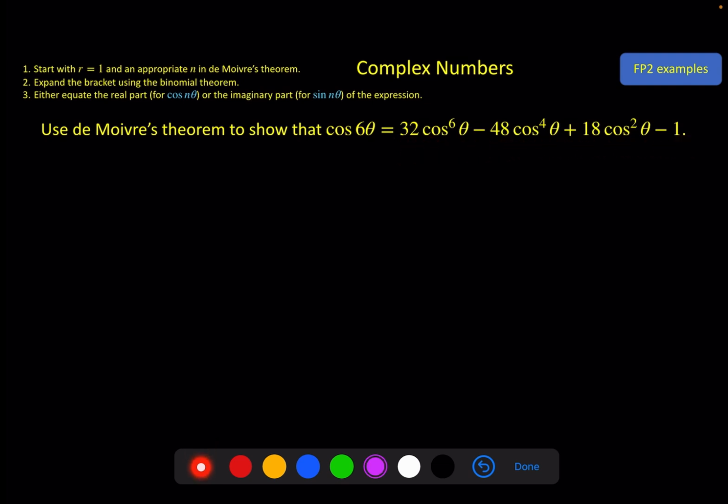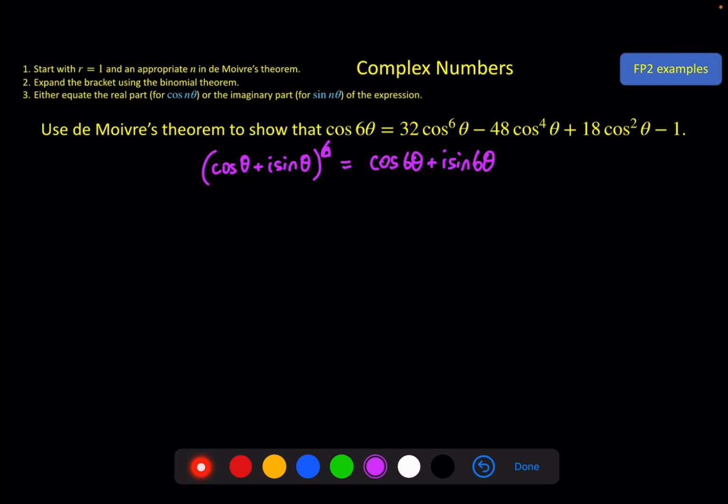So we start with de Moivre's theorem with r equals 1. So we just have cos theta plus i sine theta raised to the power of n. In this case we're going to use 6, and that equals cos of 6 theta plus i sine of 6 theta.